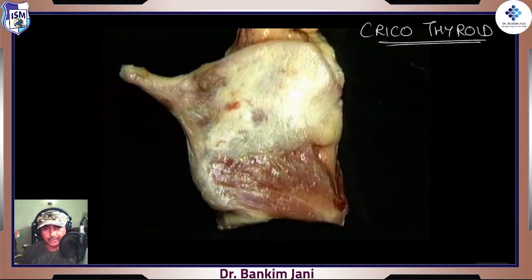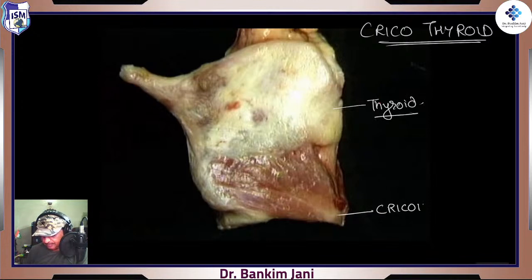Now this cricothyroid has got two parts. Think like this: this is thyroid, and this is cricoid. The cricoid has a big surface over here, which is the posterior part.